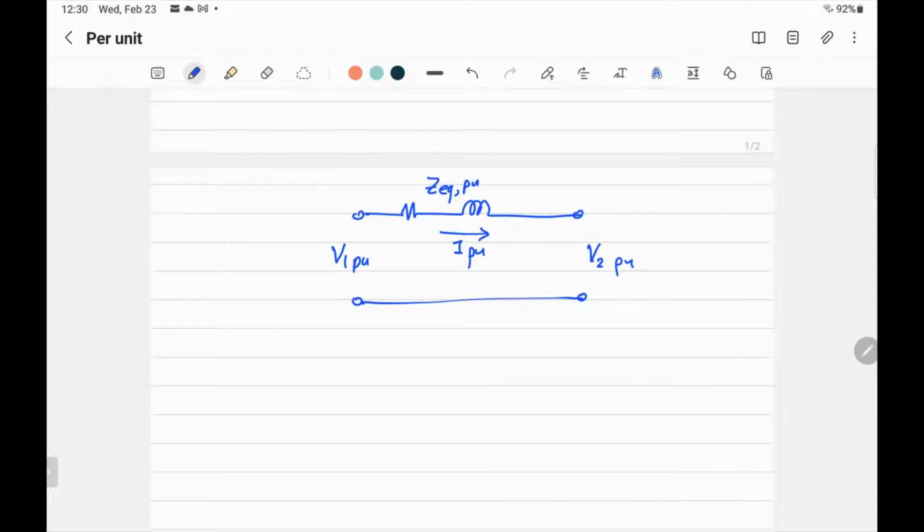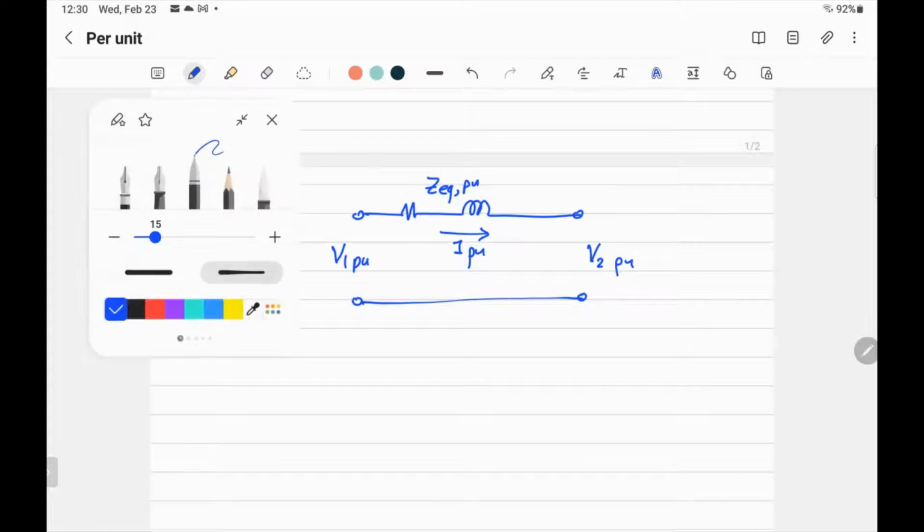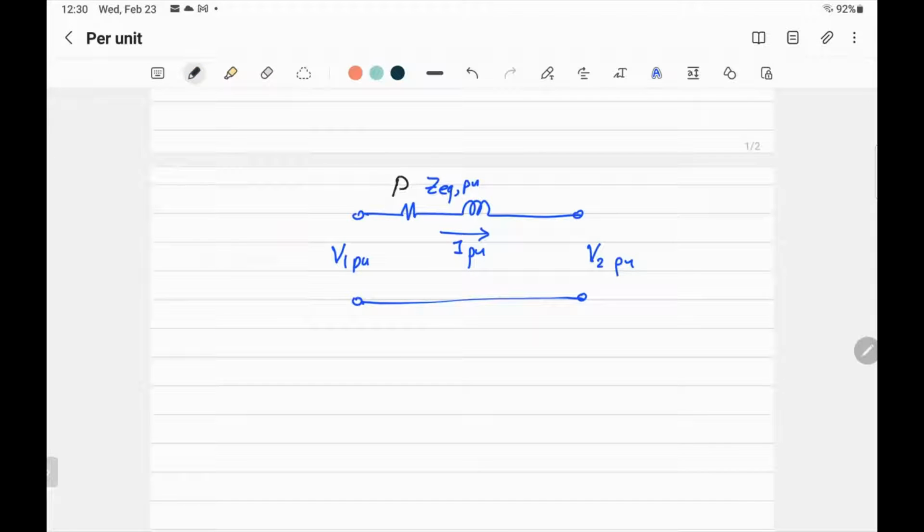Another thing, the impedance here has equivalent resistance, R equivalent per unit, and you have X equivalent per unit. Amazing. The R equivalent per unit of the transformer is equal to the per unit value of the copper loss in the transformer. The resistance per unit equivalent is equal to the copper loss.